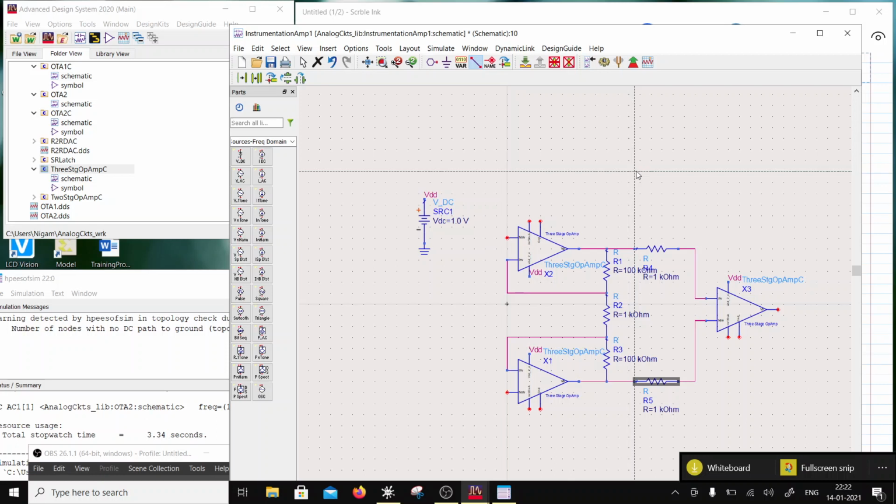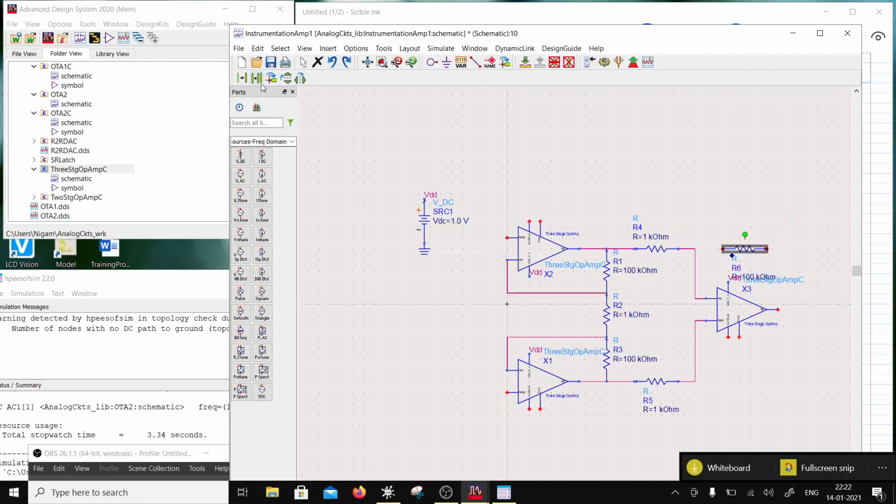Okay, with this I am going to have 100k as the RF. So I'll rotate it out here like this, and then I'll have to place one more 100k.